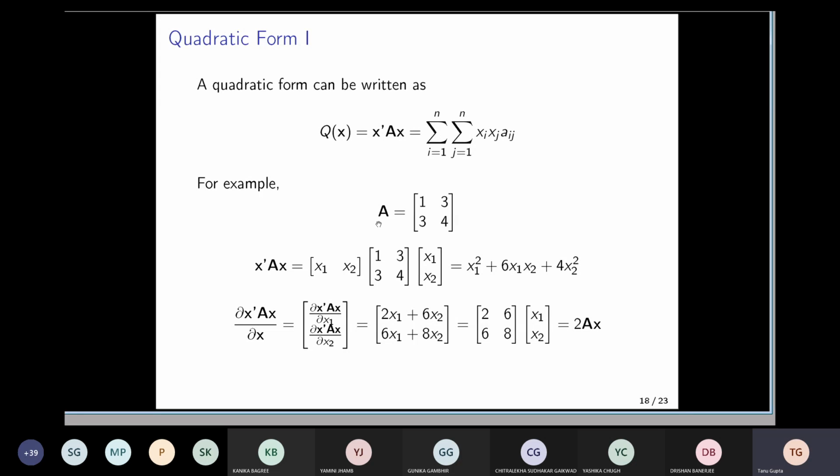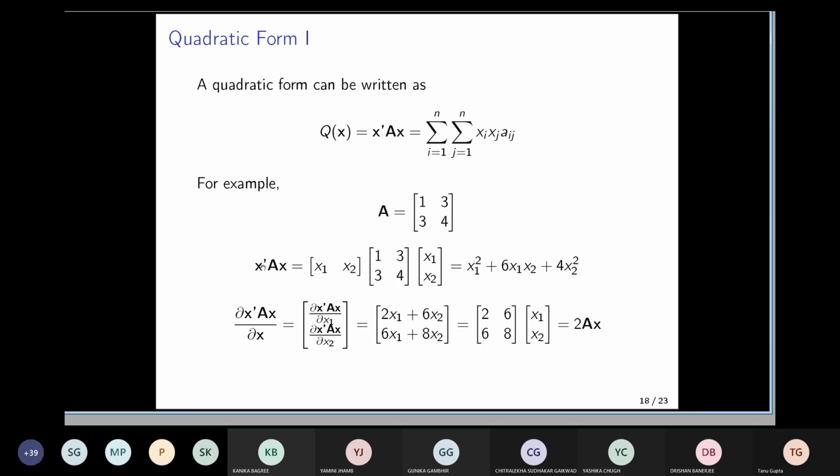Okay. Now since this matrix A is a 2 cross 2 matrix, the vector x will be a 2 cross 1 column vector. So if a matrix A has n cross n dimension, then indeed the vector x will be an n cross 1 column vector.